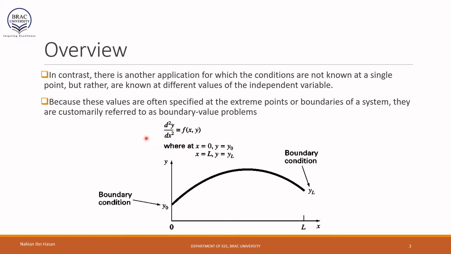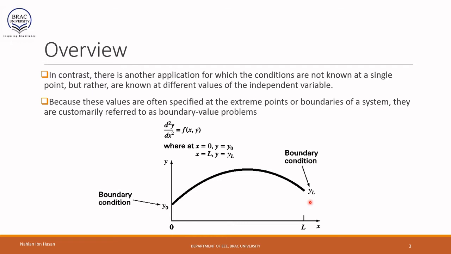Since it is a second order differential equation, I need at least two conditions to solve it. Let's say I am given the two conditions at x equal to 0, that means at the initial boundary, and at x equal to L, that means at the end boundary. So I am given the conditions at the boundary points, and that's why it is called a boundary value problem.